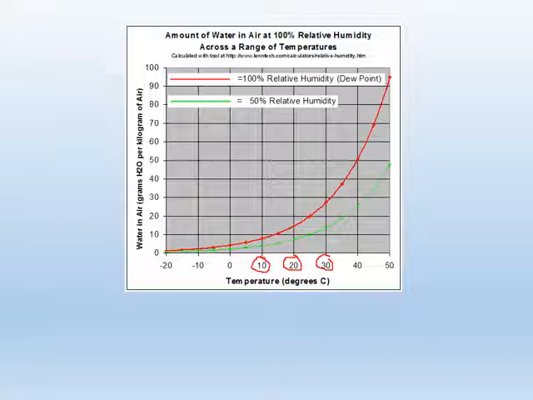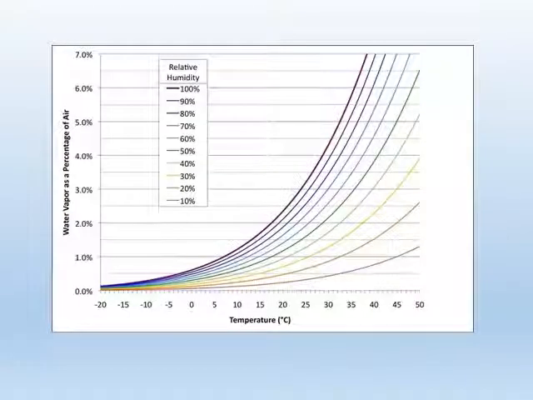It's non-linear, so it increases with temperature. To put it another way, this is vapor pressure as a percentage of air. So as the temperature increases, the vapor pressure increases.